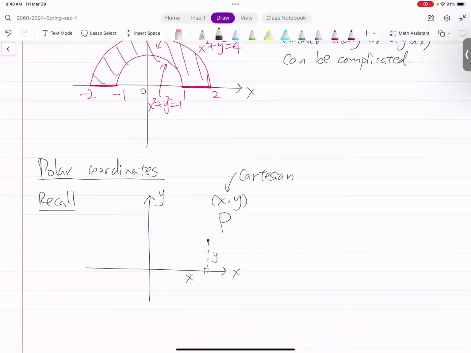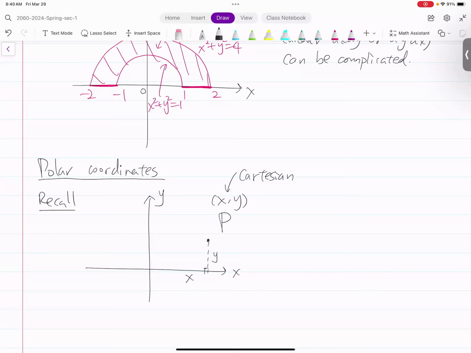So in the first quadrant, x is how much you walk from the origin to that point along the x direction, and y is how much you have to walk vertically up, right?